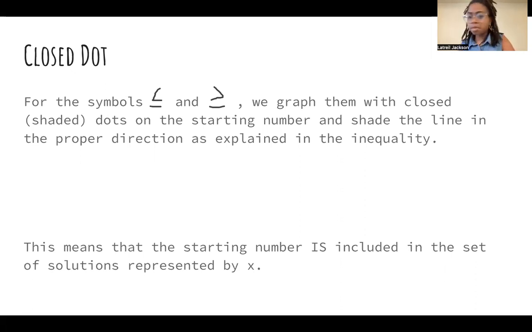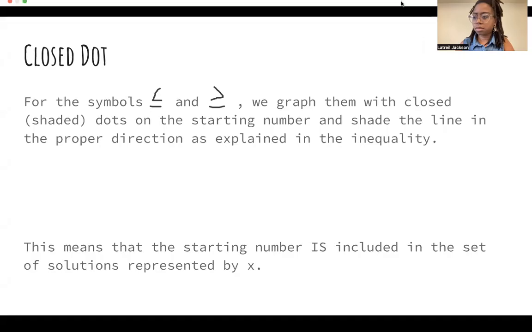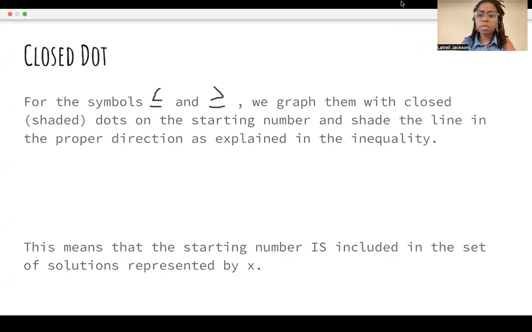So here are some examples. Okay, and when we use a closed dot, this means that the starting number is included in the set of solutions represented by x. So here's an example. We have x is greater than or equal to 2/5.